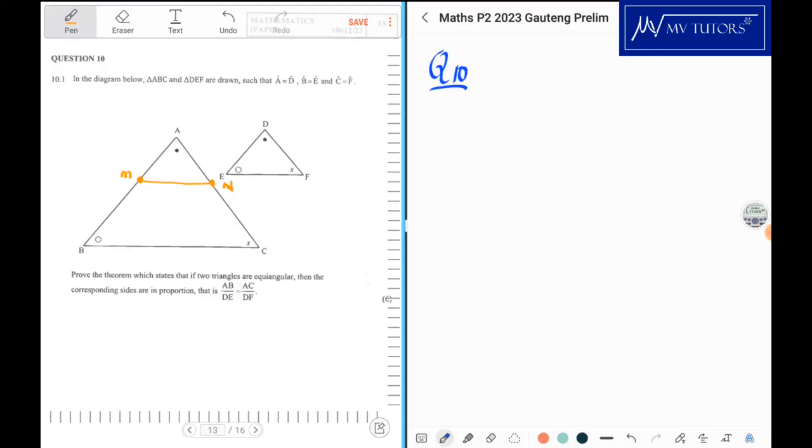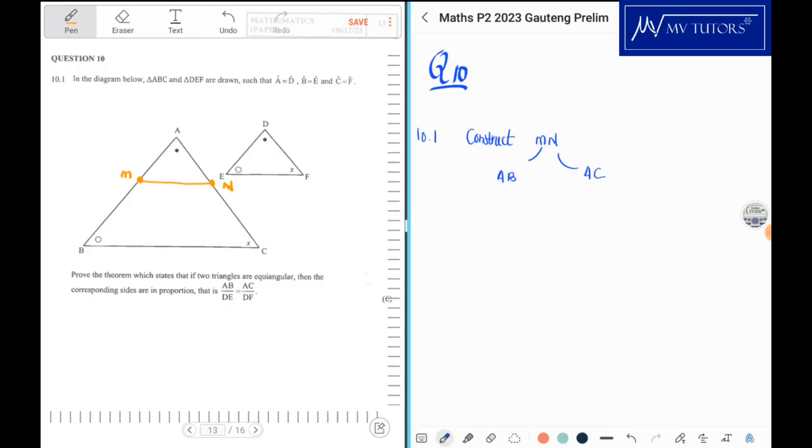Firstly, you're going to construct. Because without this construction, you will not really get far, okay, and you will lose some marks. So we're going to construct MN, all right, where M is basically going to be on the side of AB and N will be on the side of AC.